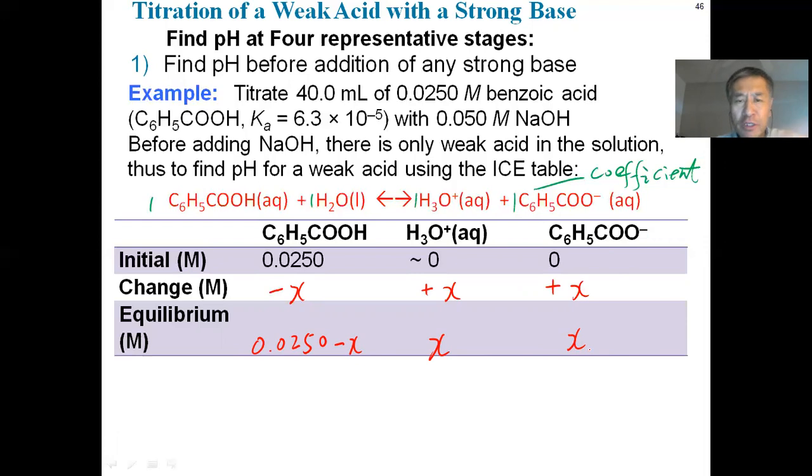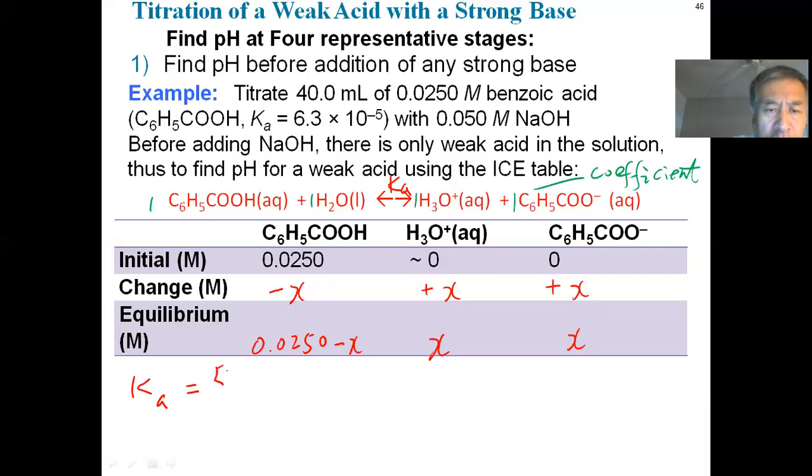Once we finish the IC table, we can write our equation for the Ka. Ka is the typical equilibrium expression: you write the products on the top and the reactant at the bottom.